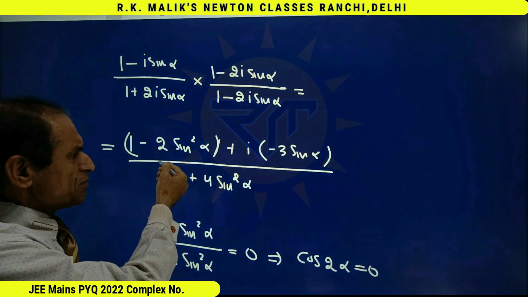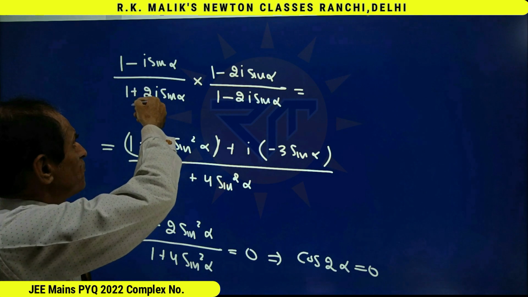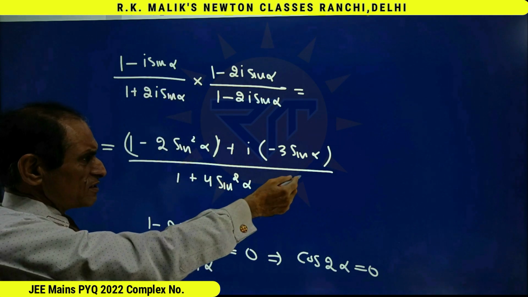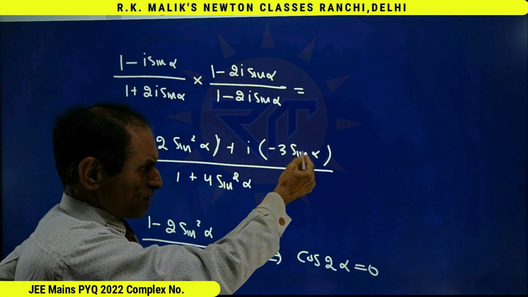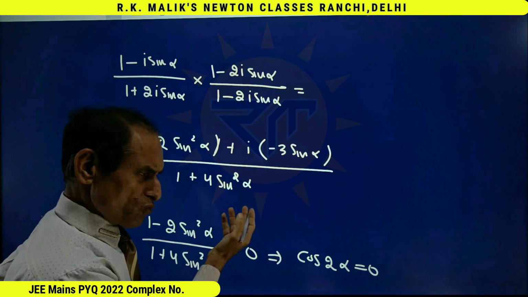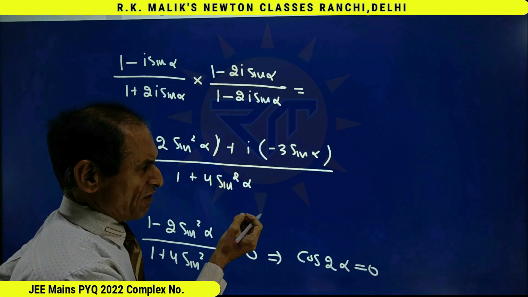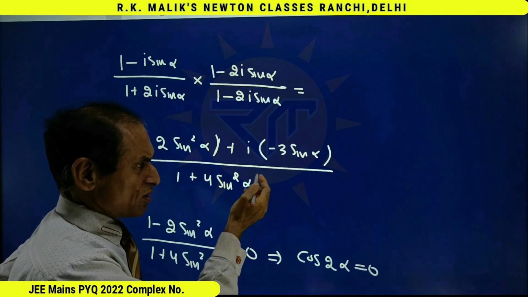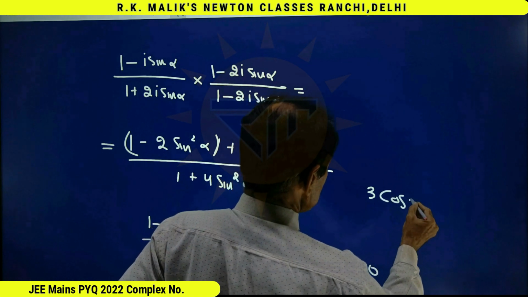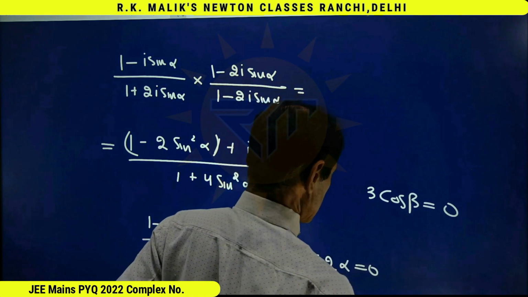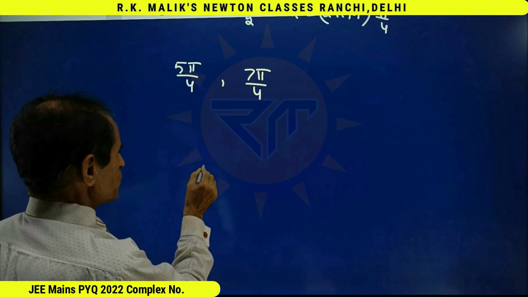And it clearly means if I had simplified this and got it, here I will be getting 3 cos beta. Agreed? You can solve it, but because every second is very important, therefore imaginary part is going to be 3 cos beta and I will put it equal 0.